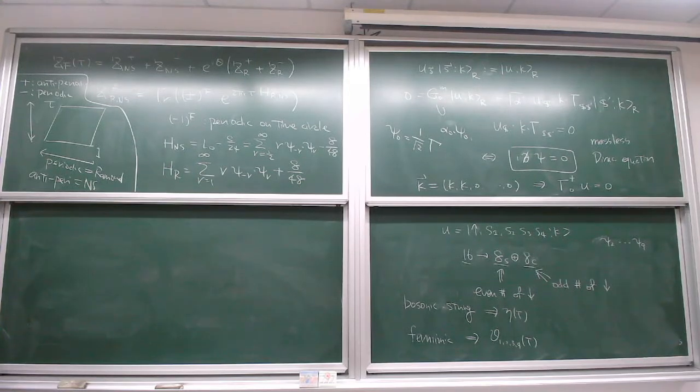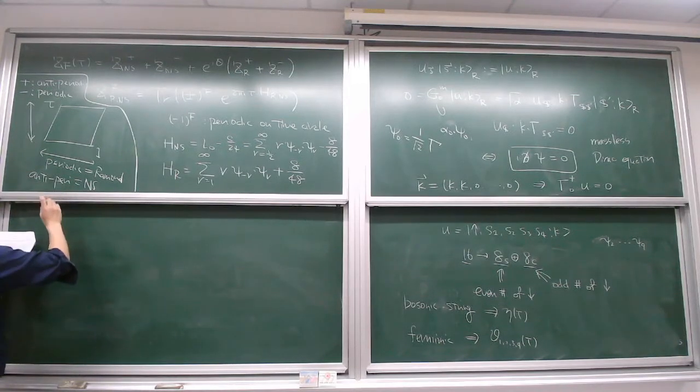Okay, so then what we need to do is as follows. We have to sum over all the Hilbert space.